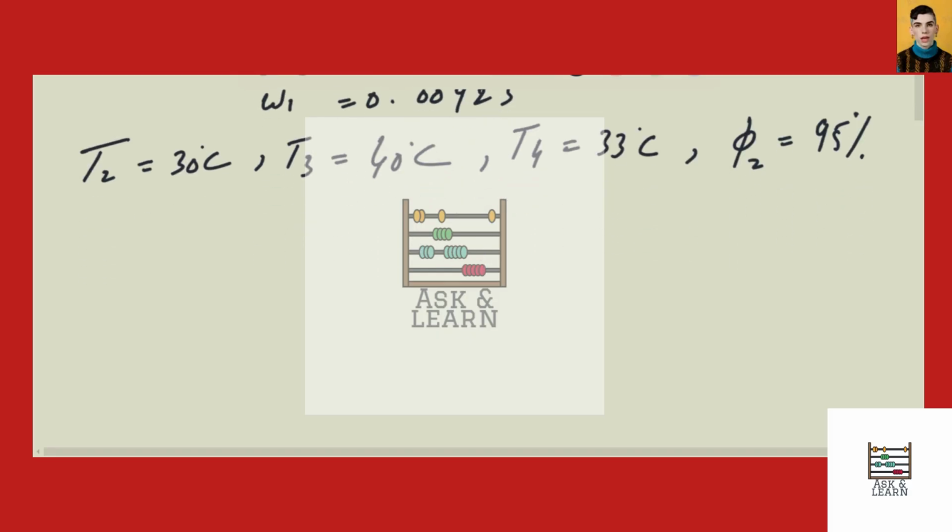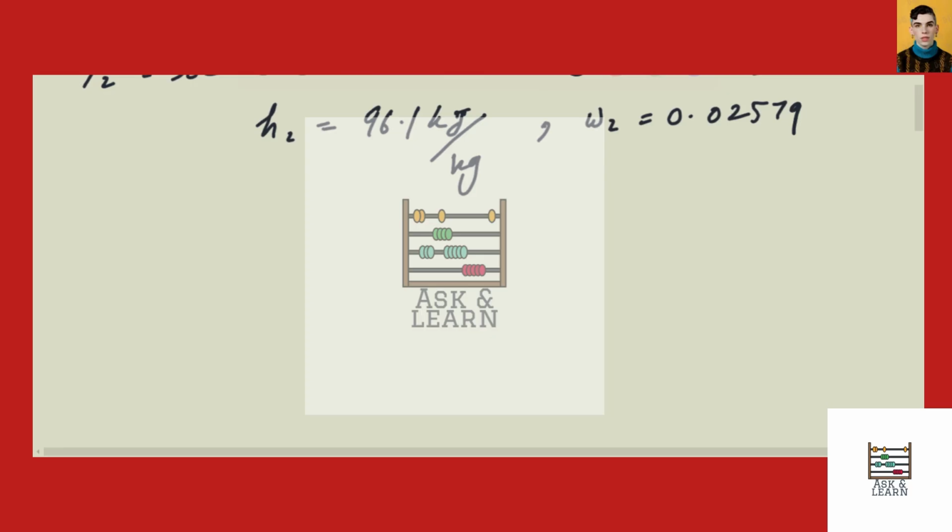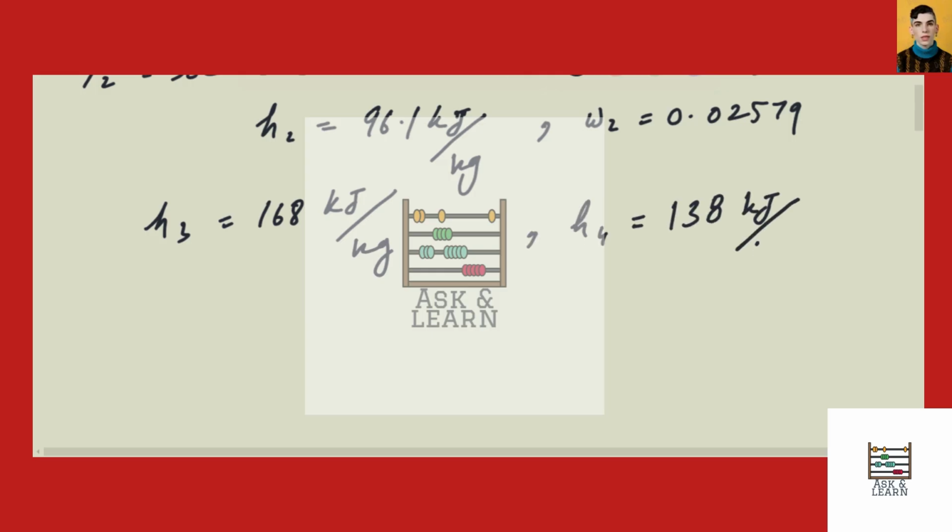So now we have the values H2 is equal to 96.1 kilojoules per kg. Then we have W2 is equal to 0.02579. Then we have H3 is equal to 168 kilojoules per kg, and H4 is equal to 138 kilojoules per kg.